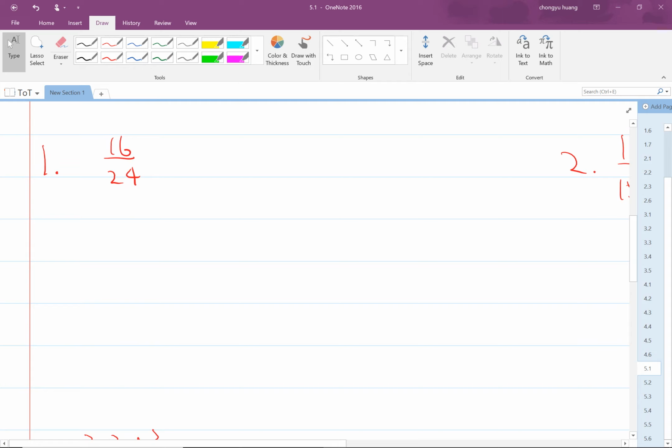The first question we have is 16 over 24. To make it easy for you to simplify, let me show a little bit of detail. We know 16 is equal to 4 multiplied by 4, and 24 is equal to 6 multiplied by 4. You can see the 4 and 4 get cancelled, and the only thing left is 4 over 6.